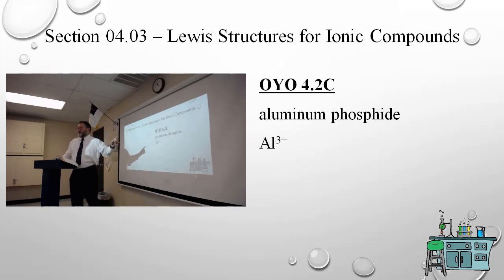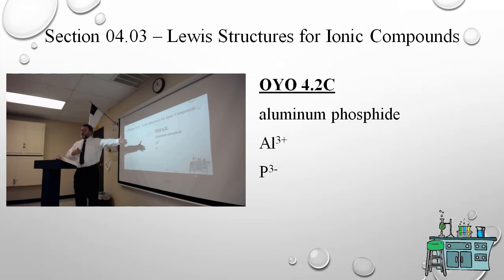Phosphide. It's the ionic name for the element phosphorus. Phosphorus, symbol P. Location on the periodic table. Okay, 5A. Valence electrons then. Wants to have 8. How many does it want to receive? 3. When it receives those 3, its charge will be 3 negative.